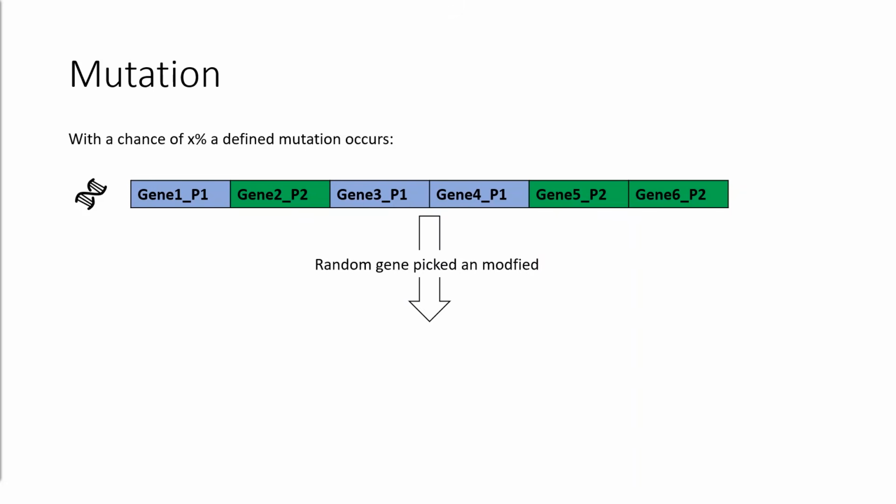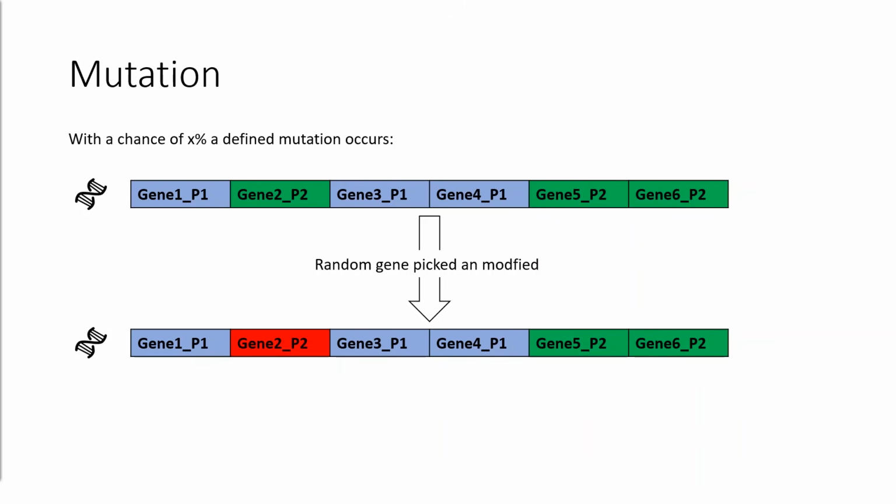Like you can see here in this example, there's a random gene picked and modified. A mutation can be that the gene is modified by a percentage, or that you take the value of the gene and resample it completely new; this is your own choice. Going back to our example, this could be the case if a random mutation would occur in the gene of the size of the wheel.